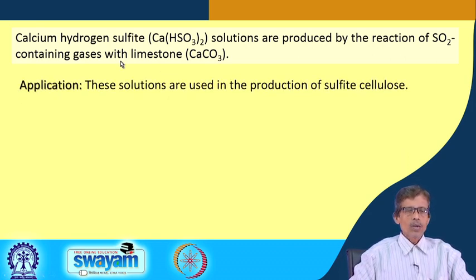Then these compounds, sodium salts or the calcium salts, have a very useful use in the production of sulfide cellulose. Sulfide based cellulose are produced for different purposes, that we will also see in some cases when we will talk about the carbon disulfide production, that how we get the cellophanes or some other material from the typical cellulose.